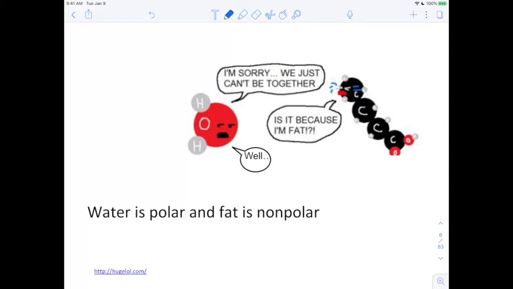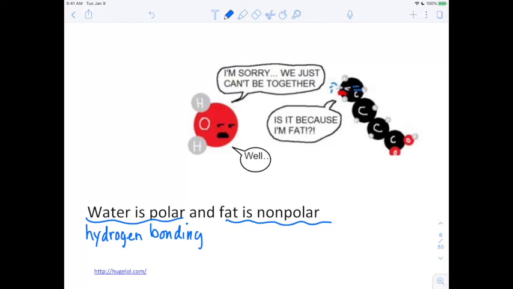Just for the fun of it, water is polar, and what is its strongest intermolecular force? Yes, hydrogen bonding. And if fat is nonpolar, what is the only intermolecular force that it has to its name?